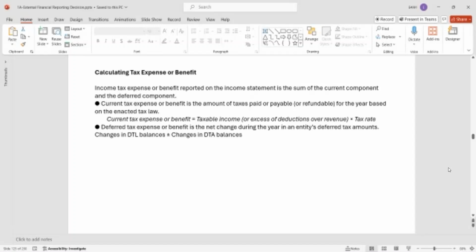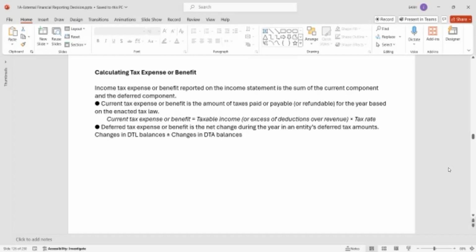Income tax expense or benefit reported on the income statement is the sum of the current component and the deferred component. Current tax expense or benefit is the amount of taxes paid or payable or refundable for the year based on the enacted tax law. Current tax expense or benefit equals taxable income or excess of deductions over revenue multiplied with tax rate.